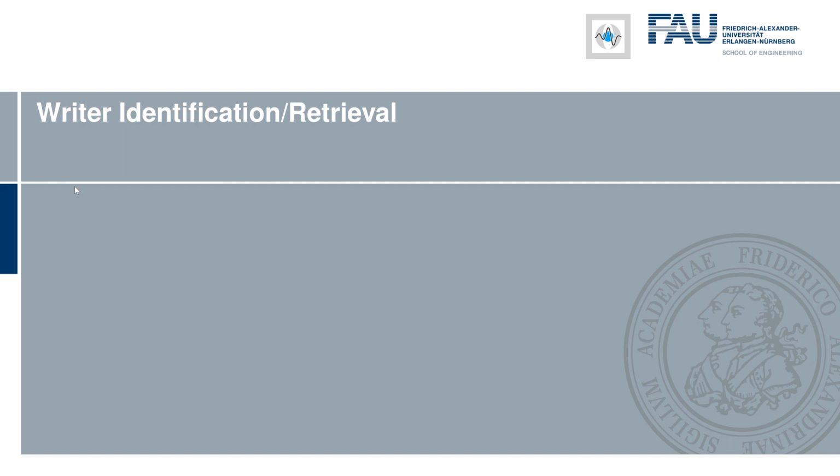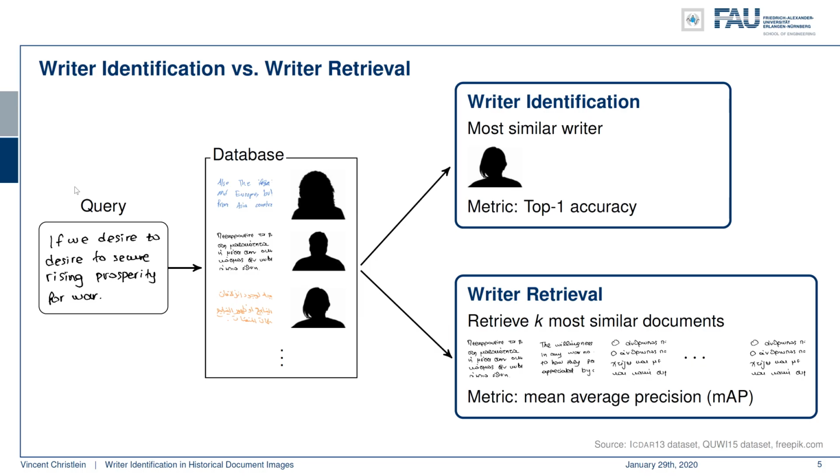Okay, let's first start with a brief introduction: writer identification and writer retrieval. If you have a query sample and a database of known subjects, and of course document images, then you can do writer identification. It basically means I classify the query image hard into one class.